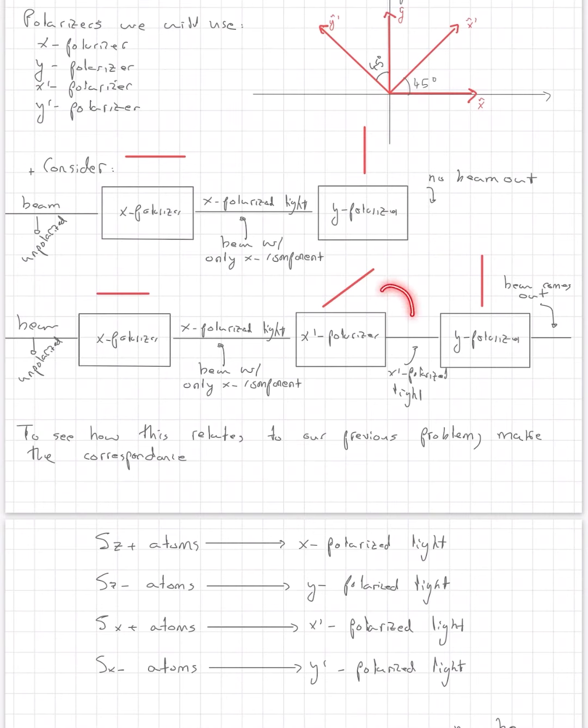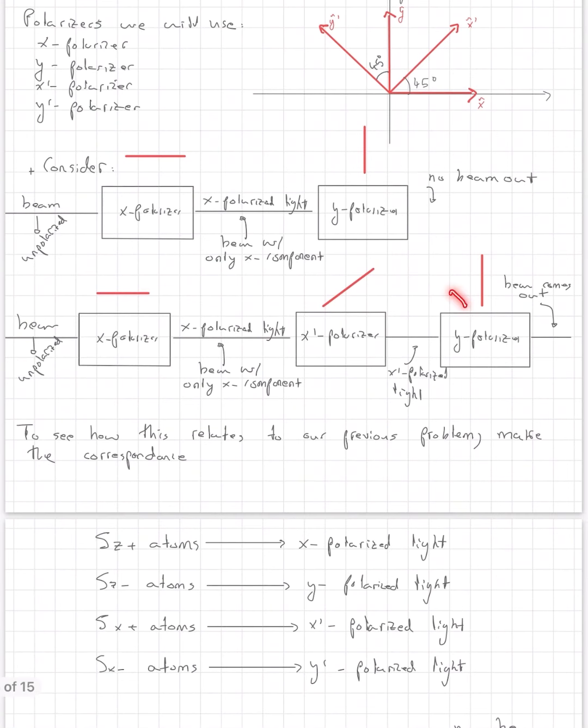So some light will pass, which will now have an orientation in the X prime direction, and then we pass this light through a Y polarizer. Contrary to our previous setup, this Y polarizer will no longer block all the light, because light in the X prime orientation does have some component along the Y direction. So this polarizer will let some light in, and therefore we will see a beam.